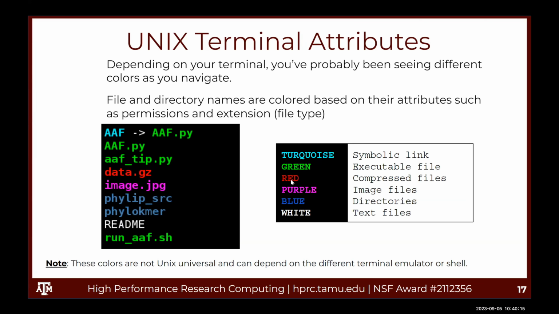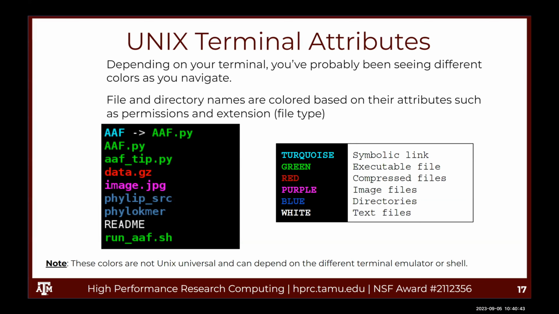The green one is for executable files, red is for compressed files, and purple is for image files, all the JPEG and other extensions. If you are using an AI/ML model and want to train on an image, this is what you use. The blue is for directories and the white one is for text files. One thing to note is that these colors are not universal.